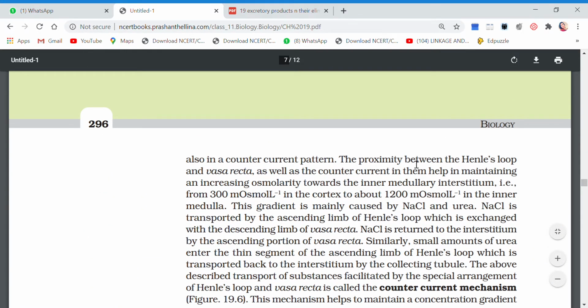The proximity between the Henle's loop and vasa recta, as well as the counter current in them, help in maintaining and increasing osmolarity towards the inner medullary interstitium, that is from 300 osmolarity in the cortex to about 1200 osmolarity in the inner medulla.